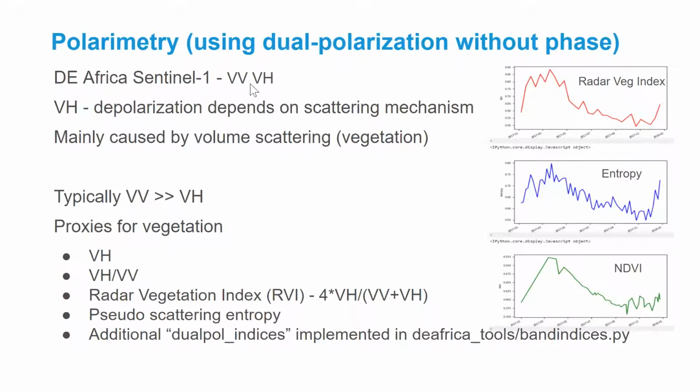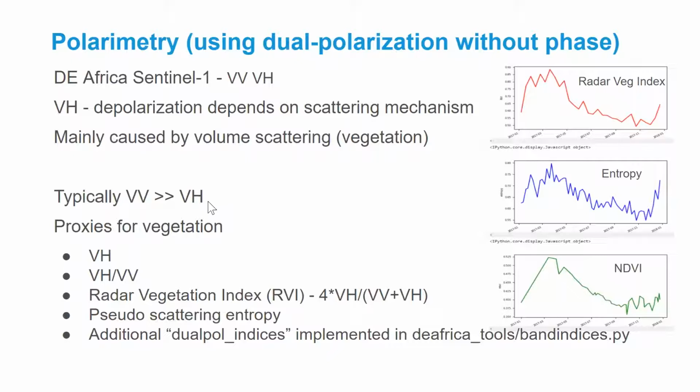But when you have the VH combination, this means some depolarization has happened. And this depolarization does depend on the scattering mechanism. Especially for vegetation areas, most of this might be caused by volume scattering.